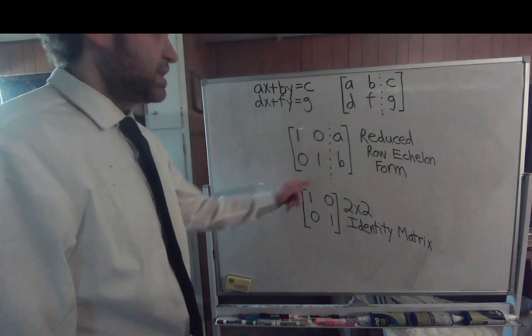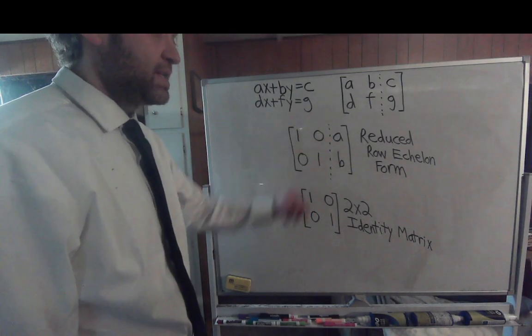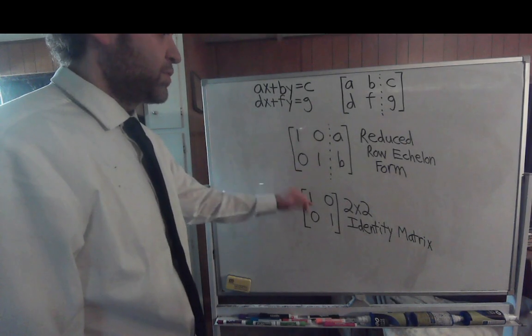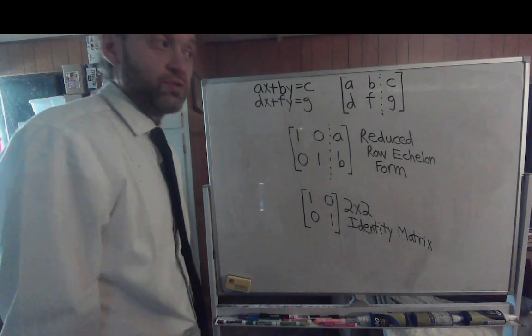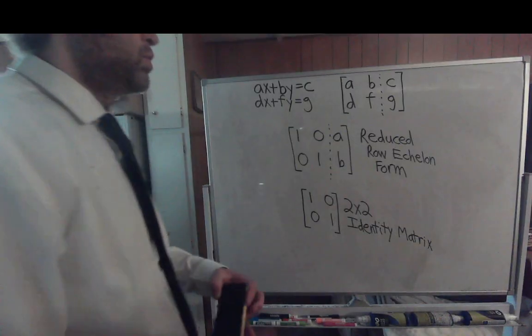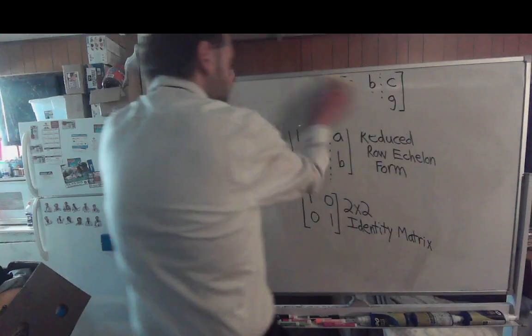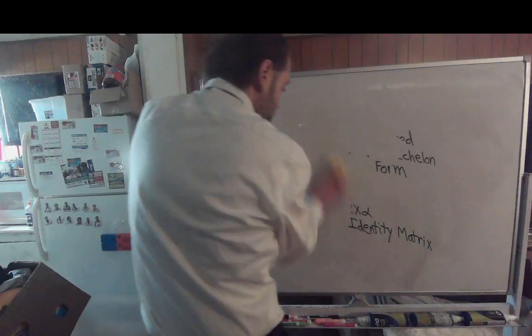In your second leading 1 in the second row, you have a 0 to the left and above it. If the matrix isn't like this for your identity matrix, if it's anything except for that, it's not in reduced row echelon form. So let's do some examples here. Let's show you how reduced row echelon form is going to work out for solving these systems.